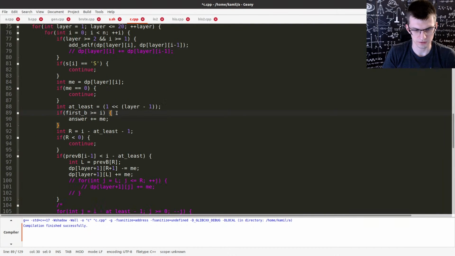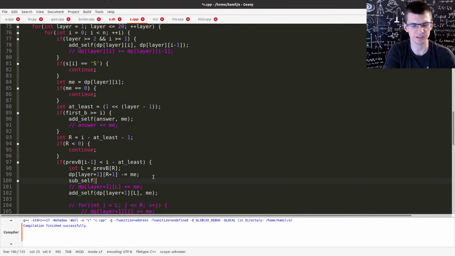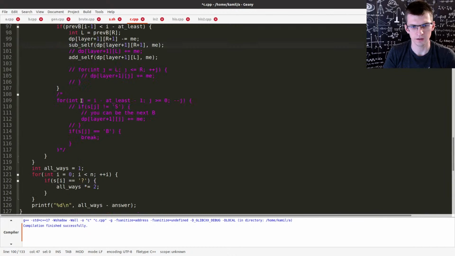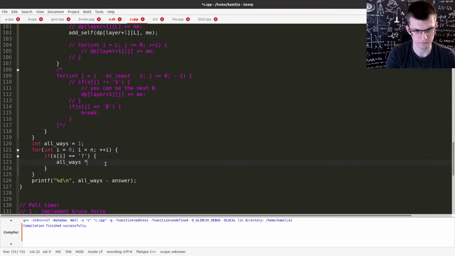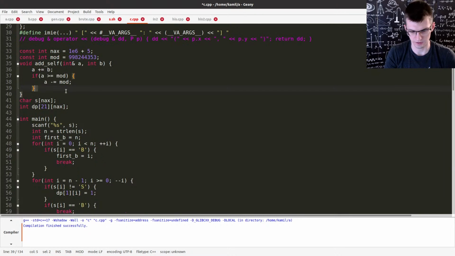What else? What else? Sub-self will subtract one number from the other. Again, modulo the given mod. And done after I make this function.